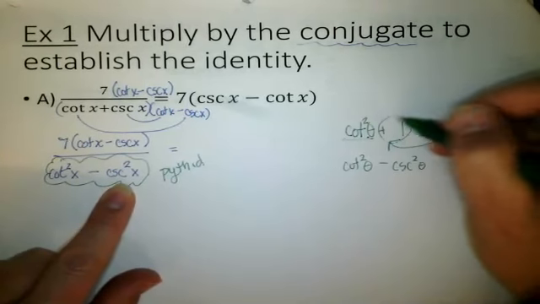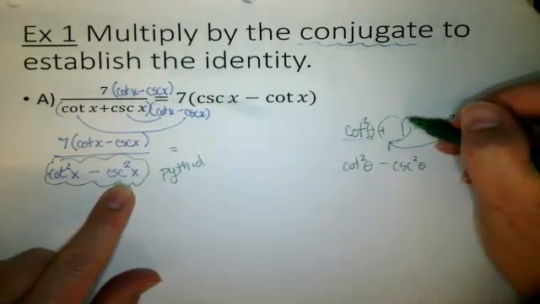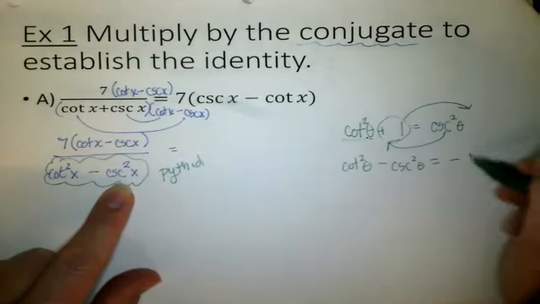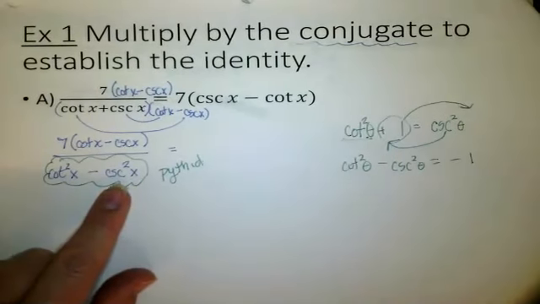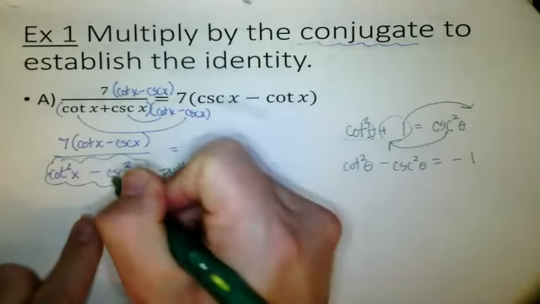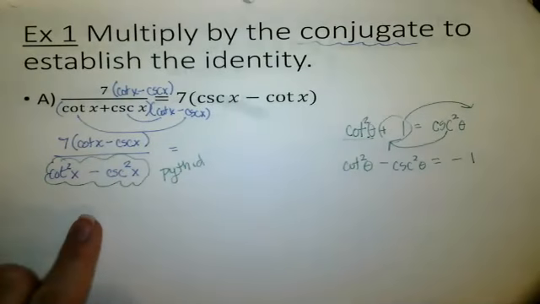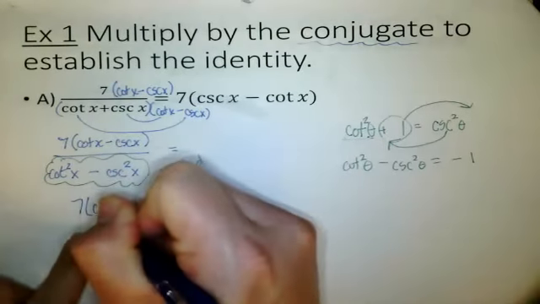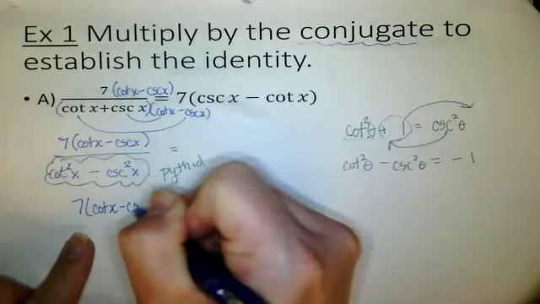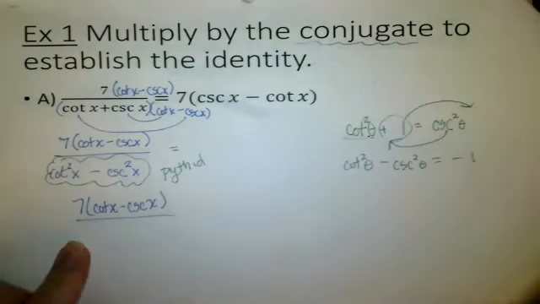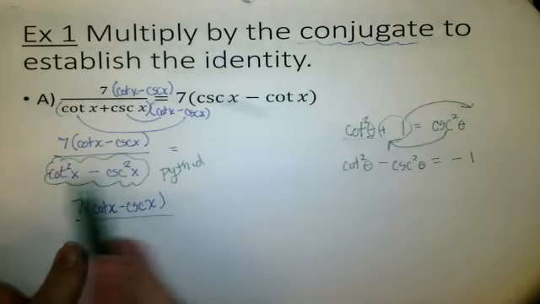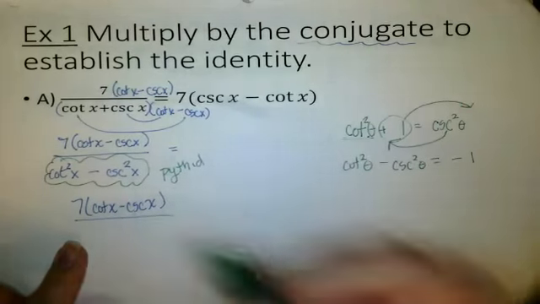So what do we have to do with the 1? Subtract it to the other side. So that's going to equal -1. So I can replace this with a -1. 7 times the quantity cotangent of x minus cosecant of x, all divided by, what do I replace this with? -1.